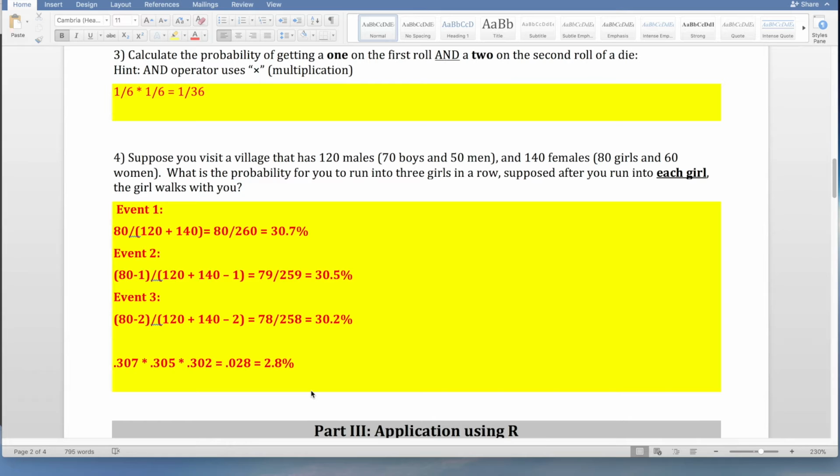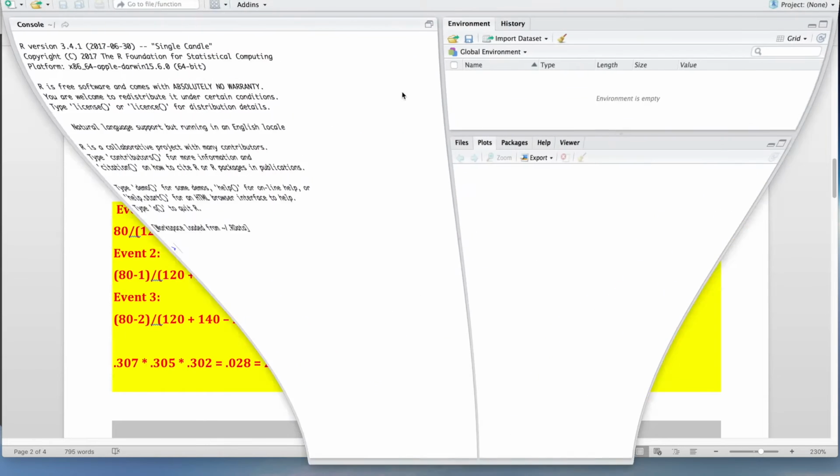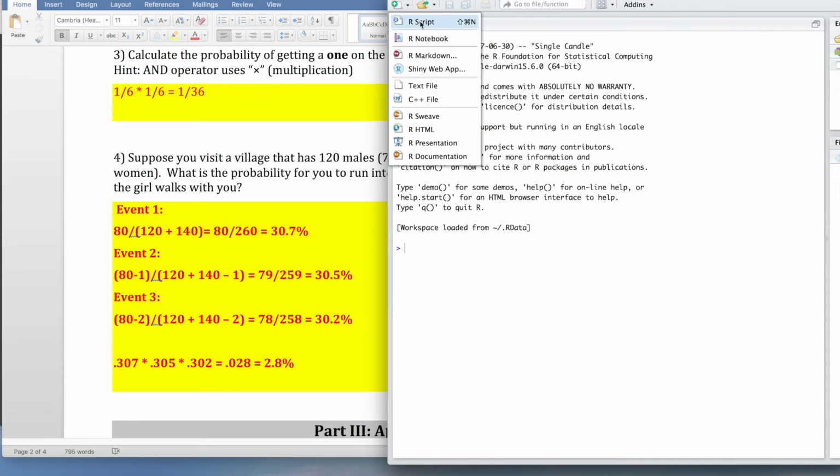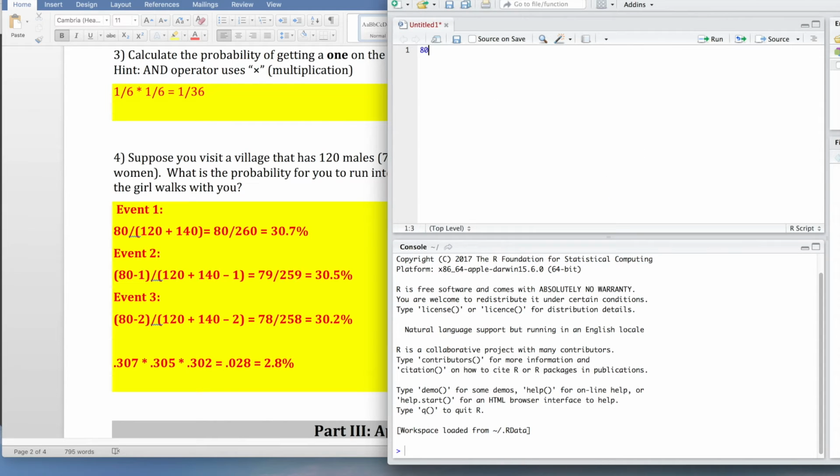And keep in mind, you can be using R to calculate these values for you. So say we wanted to calculate event 1, just for an example right now, what you would do is go into R, open up a new script, and then type in the equation that you have. And then run that.